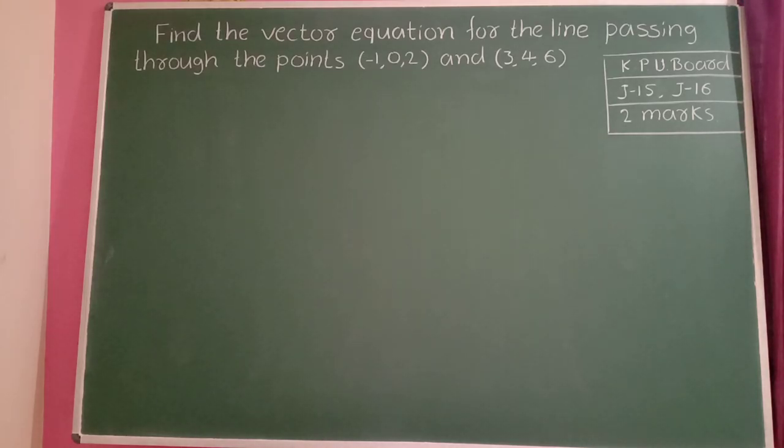Find the vector equation for the line passing through the points (-1, 0, 2) and (3, 4, 6). It is a 2 marks question.